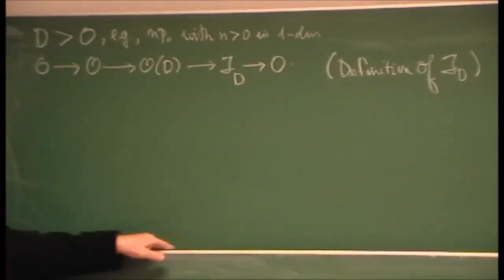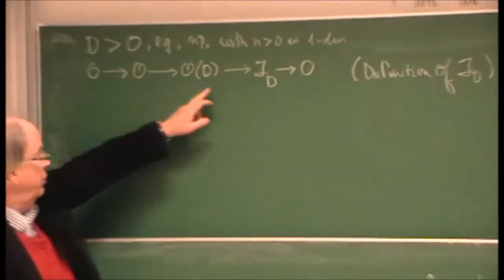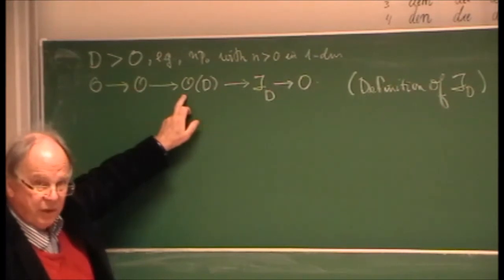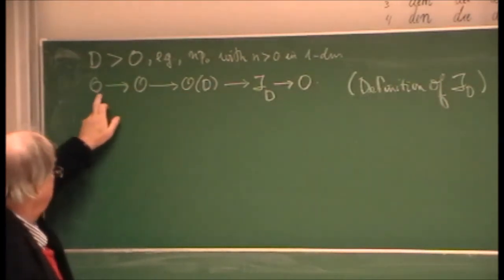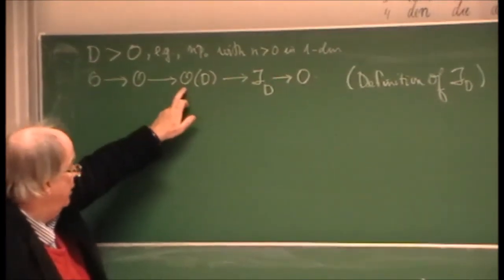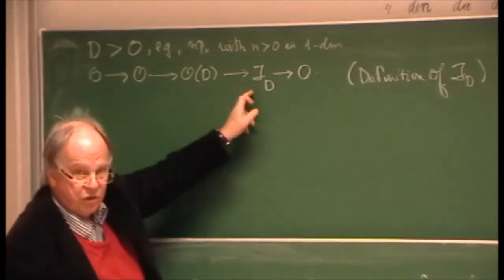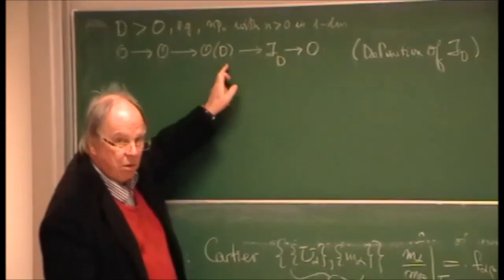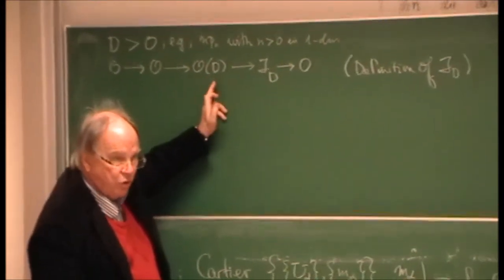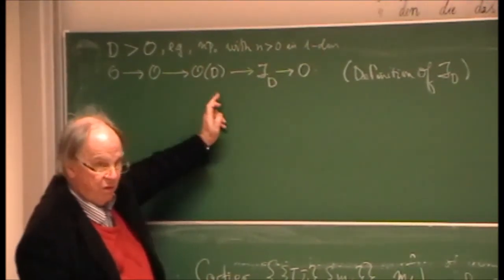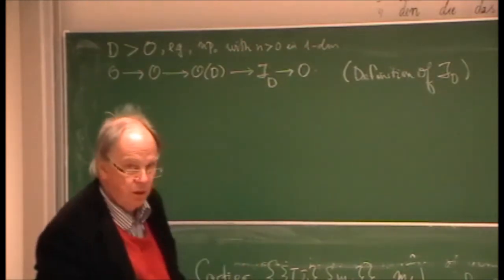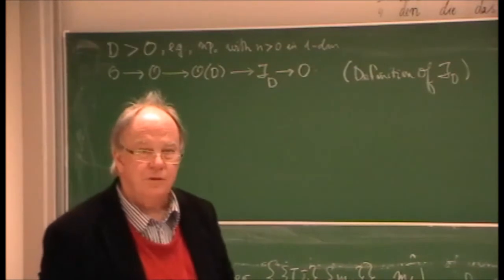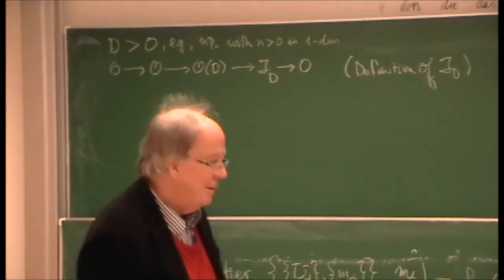The second map is just an embedding. Exact sequence means that with a 0 here, this is an embedding, and with a 0 here, this is just a surjection, a quotient sheaf. By construction, this is an exact sequence. This is a completely stupid thing.